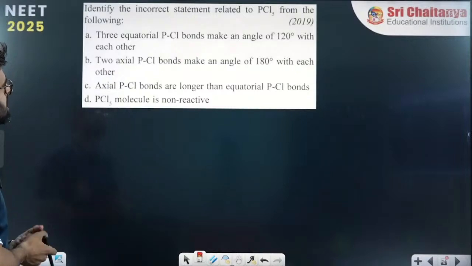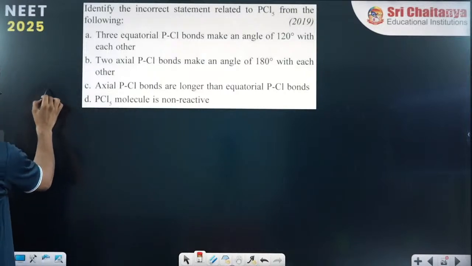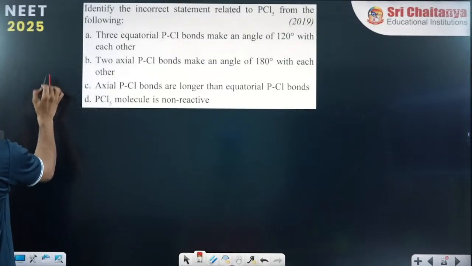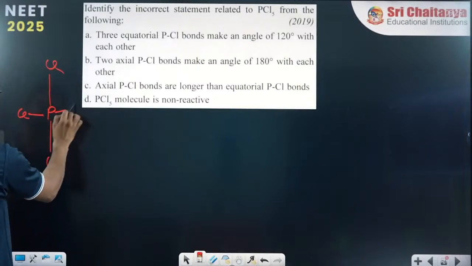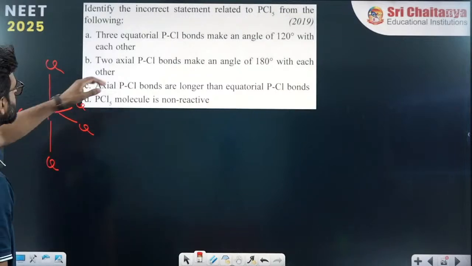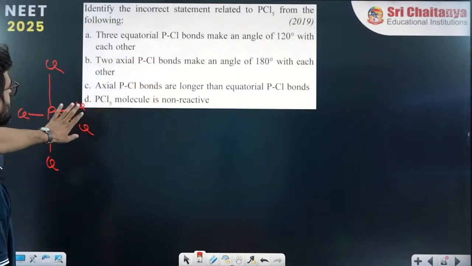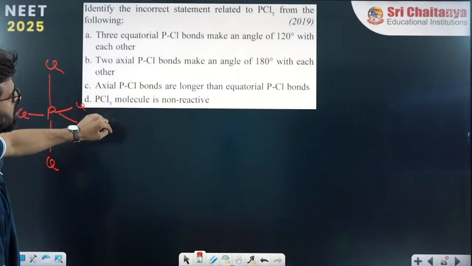Identify the incorrect statement related to PCl5 from the following. Remember in PCl5, axial bonds are longer than which bonds? Equatorial, because these feel more repulsion. So the 3 equatorial P-Cl bonds make an angle of 120, and the 2 axial P-Cl bonds make an angle of 180 with each other.